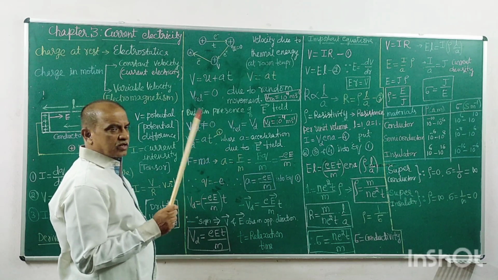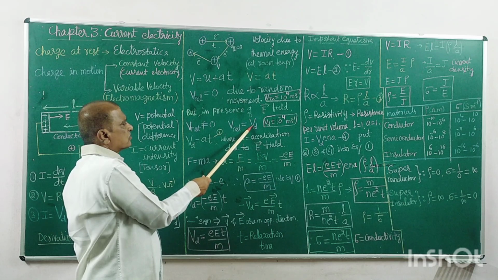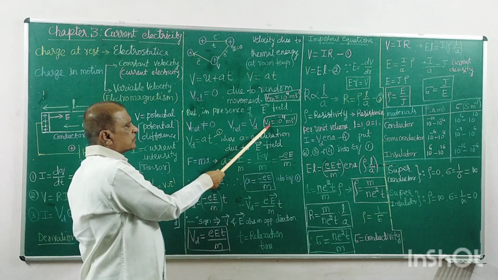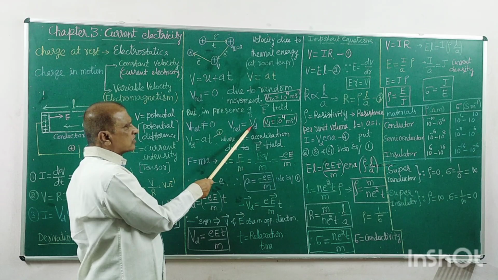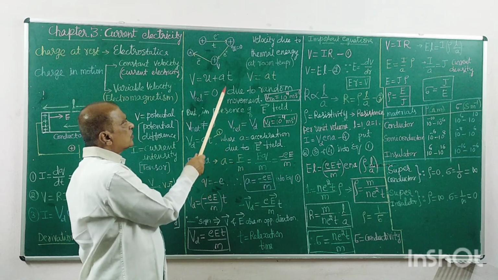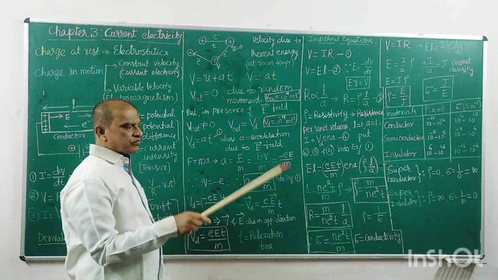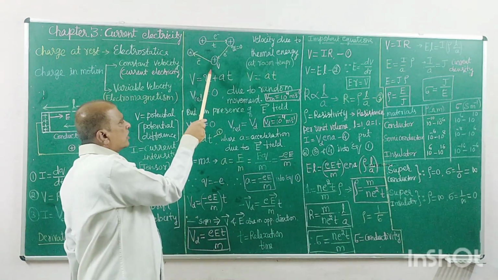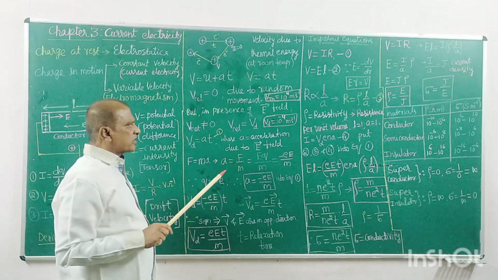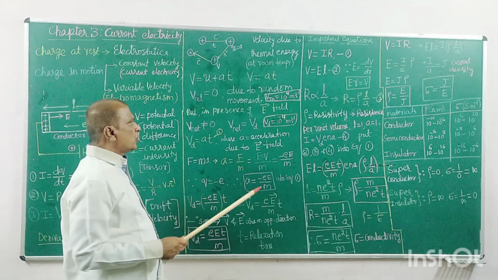There is of course a tug of war between this acceleration and this acceleration. The net acceleration is a very small amount. As a result, there is a very small velocity called the drift velocity. Some velocity is drifting in one direction, overall in one particular direction, due to the electric field.